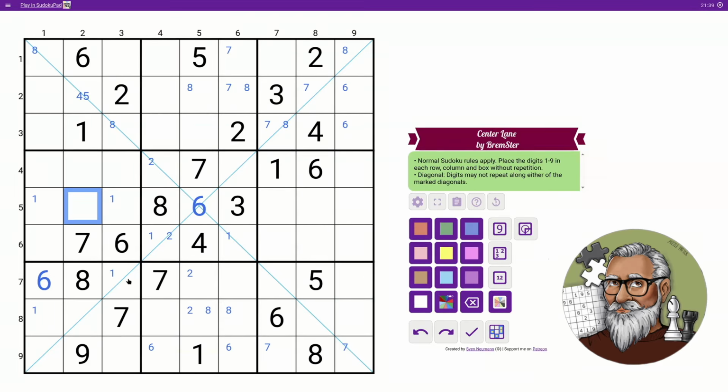I don't see it. Hmm, 5 and 9. Yeah, sure. 5 and 9. Not very interesting. So that's 5 or 9.